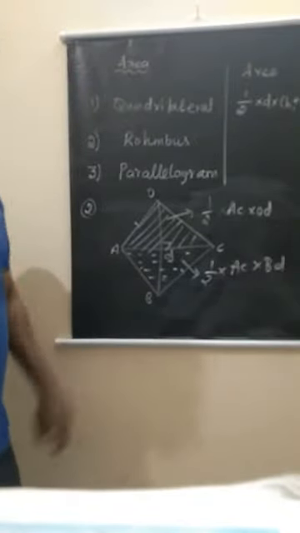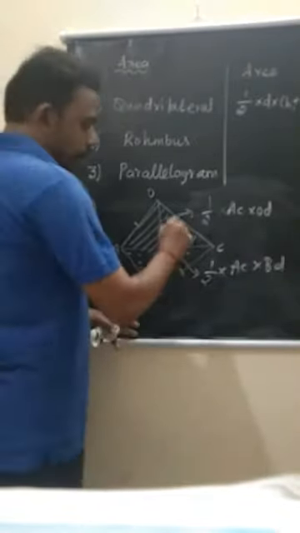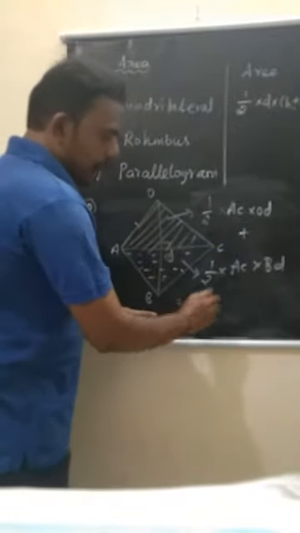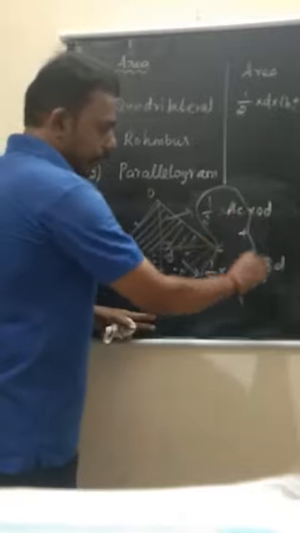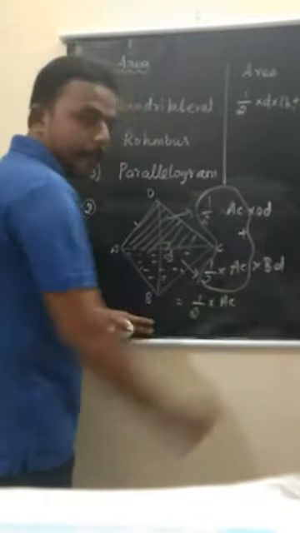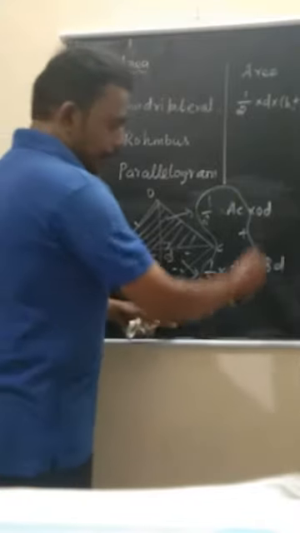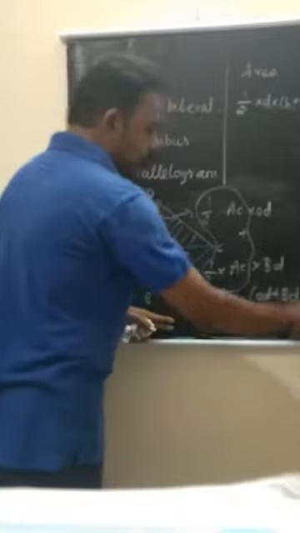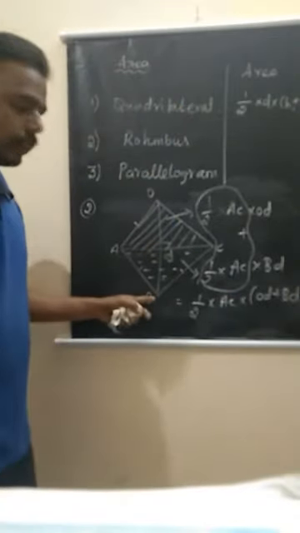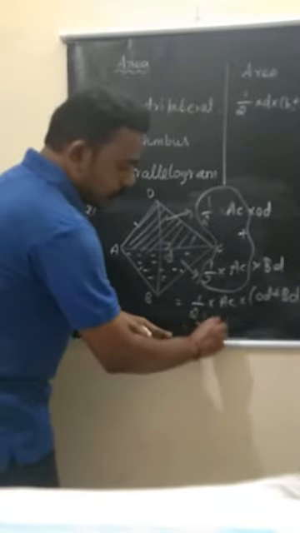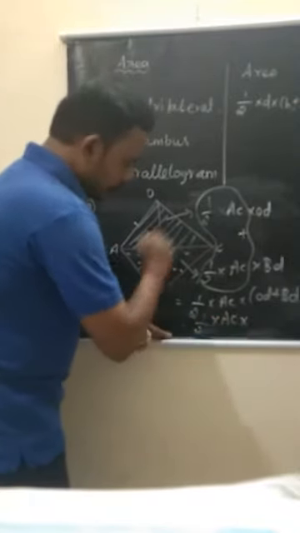Now we are going to find the whole area by addition. For that, 1/2 into AC is common, into the remaining OD plus BD. What is meant by OD plus BD? That is OB, so 1 by 2 into AC into OB.